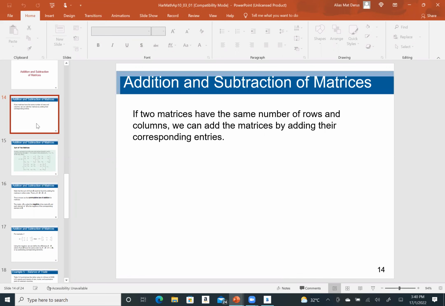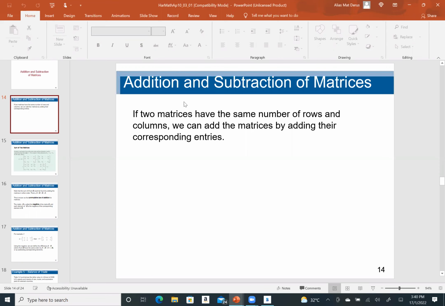Okay, first criteria, first rule. The 2 matrices must have the same size, same number of rows, same number of columns. And then how do you add? We add corresponding elements. So what do we mean by corresponding element?